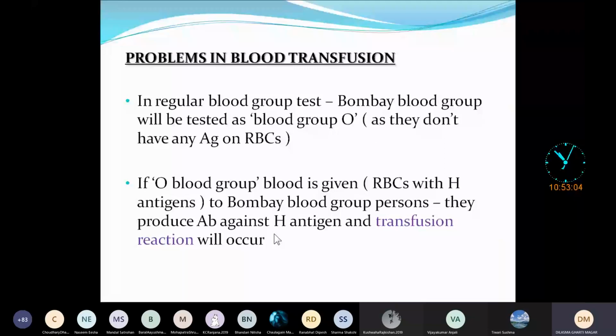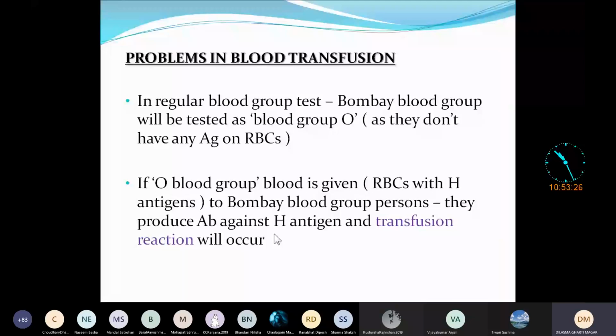Now suppose some accident happens to that person and the person requires a blood transfusion. The people will consider that person as having O blood group. A normal person having O blood group in the ABO system will always have the H antigen, but the Bombay blood group person does not have the H antigen.